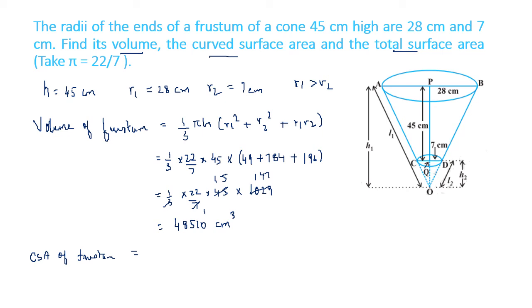The formula for the CSA of the frustum is pi R1 plus R2 into L. But what is L equal to? Under root h square plus R1 minus R2 the whole square. So h is 45.